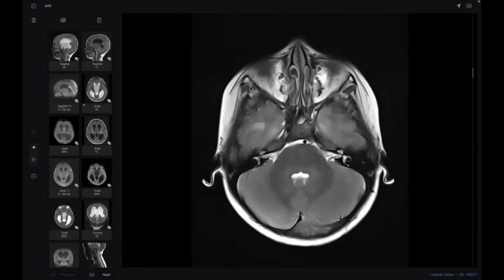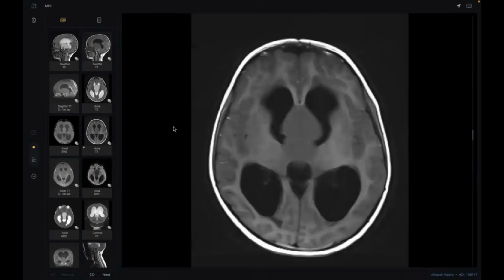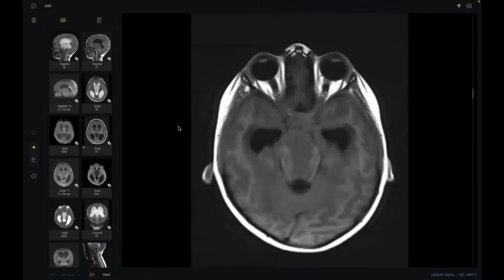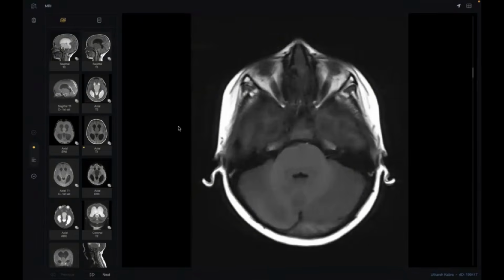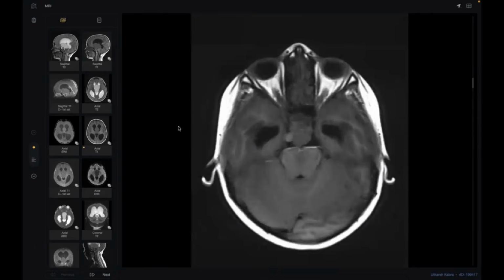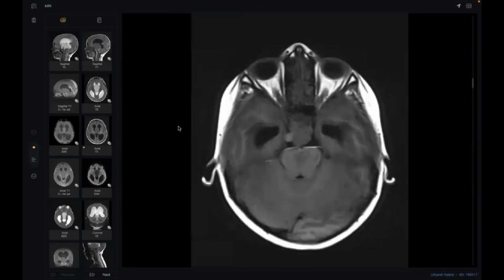There are also a few heterogeneously intense foci within this lesion. I'm trying to look for the presence of, as I can see, significant dilatation of the temporal horns and posterior horns, however the fourth ventricle appears normal.